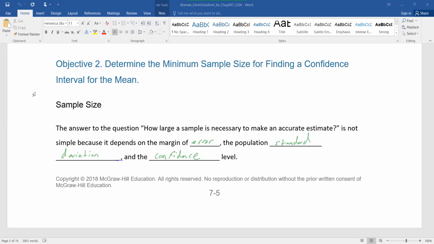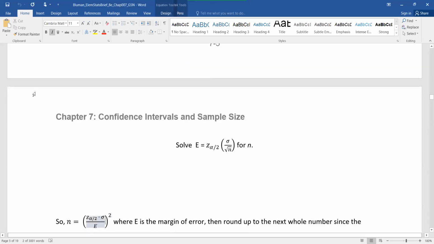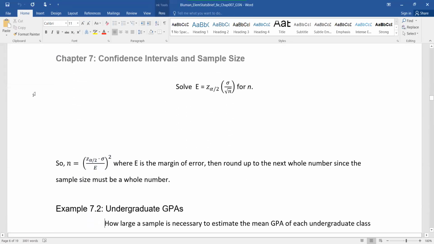So if you wanted to solve this out, we're going to solve for n. So we're going to do a little algebra. Let's see how good y'all's algebra skills are still. What would I do to this literal equation to solve for n? What would I have to do first? Am I multiplying or dividing? Okay. I'm going to divide by this z alpha divided by 2.